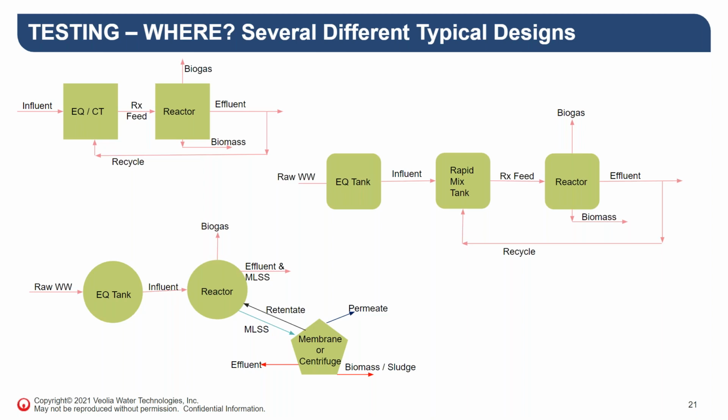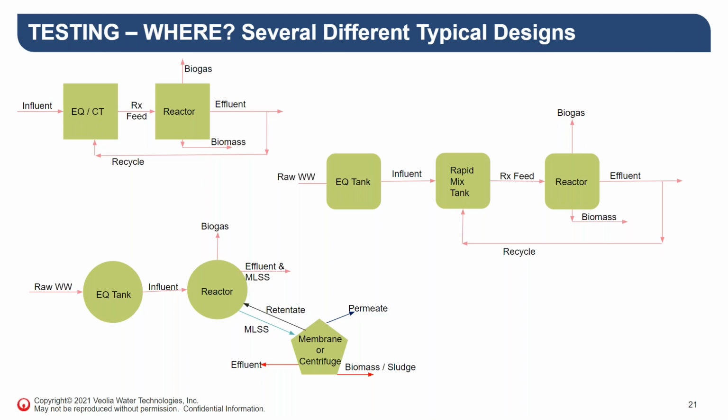And here again, the effluent from the reactor splits and either goes on to the sewer or further treatment, or recycles back to the rapid mix tank. Because here again, we're maintaining the level in the rapid mix tank. So the difference between the reactor feed flow and the influent flow is the recycle flow. And again, it's the same water. Recycle and effluent are the same water.